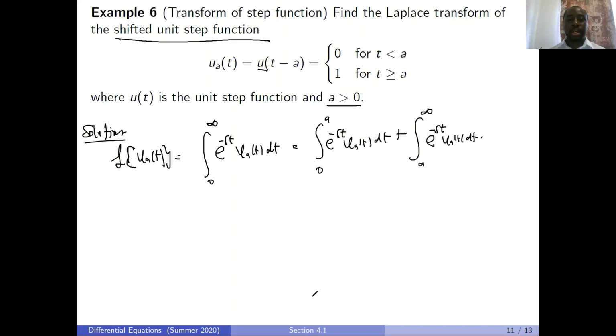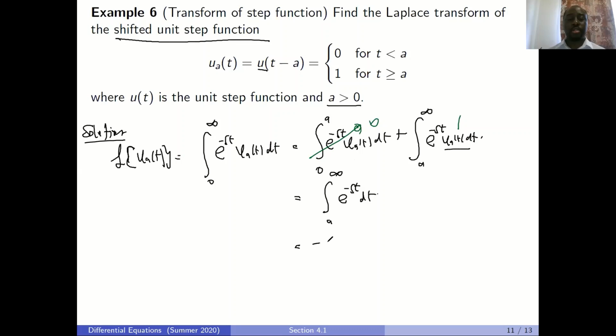Now, when t is less than a, by definition, my shifted unit step function is 0, which means that this whole integral is 0. So the only thing that matters now is when t is greater than a, where my function is 1, by definition. So this integral just reduces to the integral from a to infinity of e to the minus st dt. We can perform this integration.